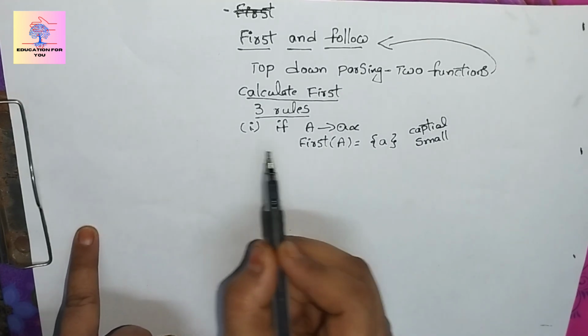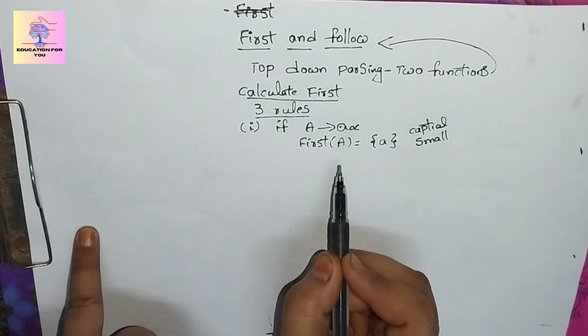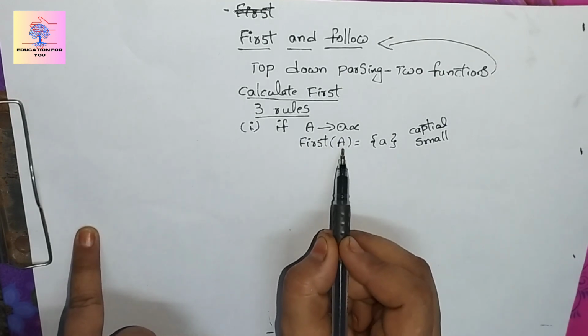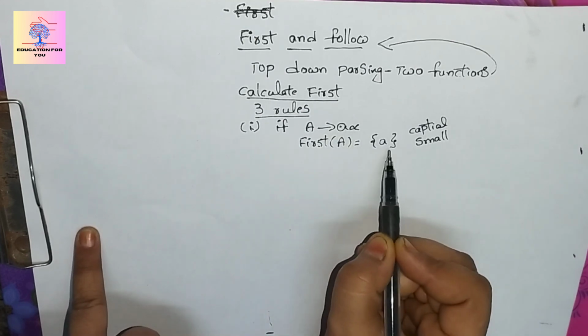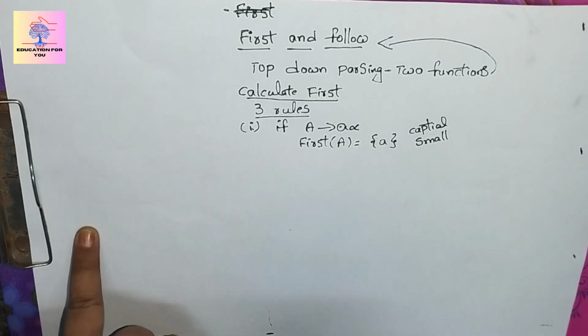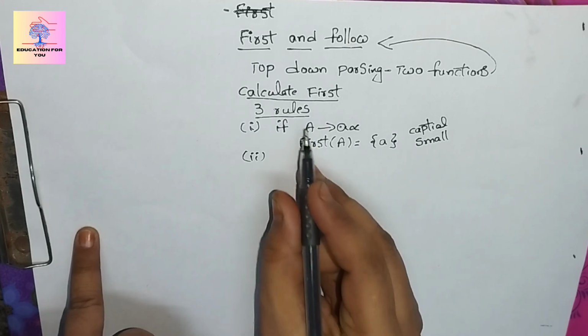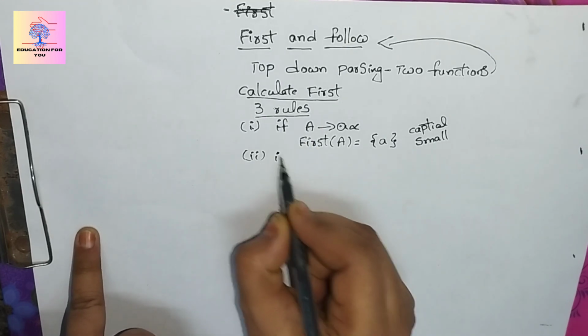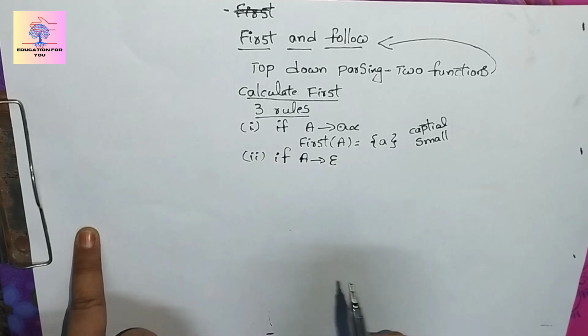What is the first rule? If A produces a alpha, then first of A can become small a, the symbol at the first position. Now the second rule is: if A produces epsilon.